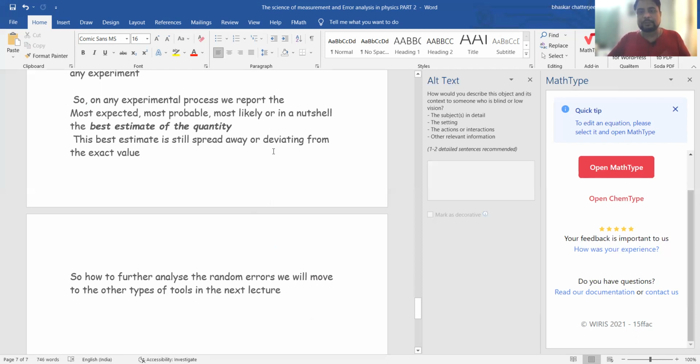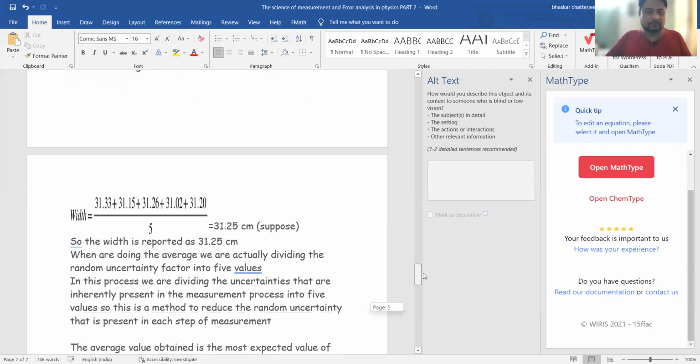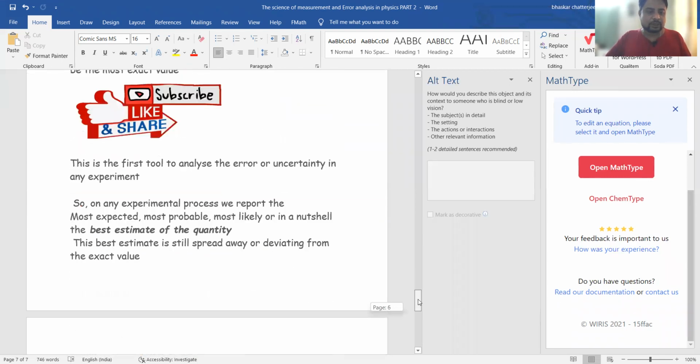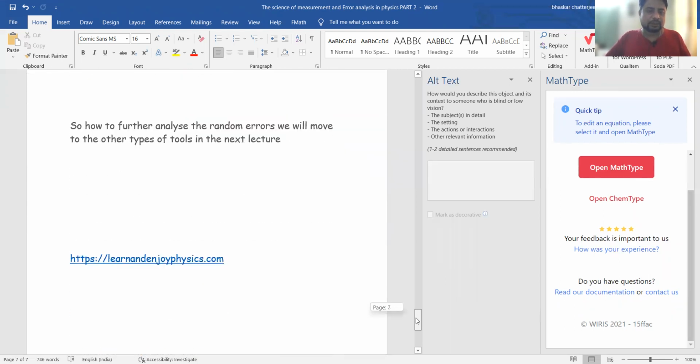You cannot make them free from random errors, but how to minimize the random errors, how to report the uncertainties. There are many statistical tools and graphical tools that are very useful in studying these techniques.